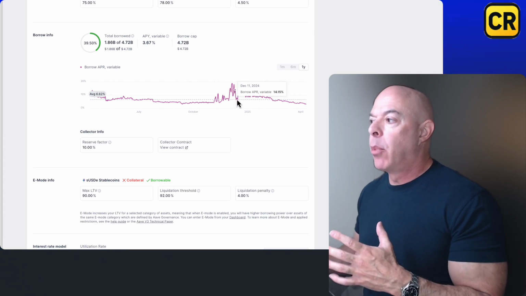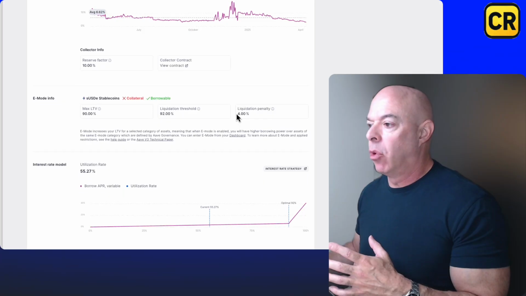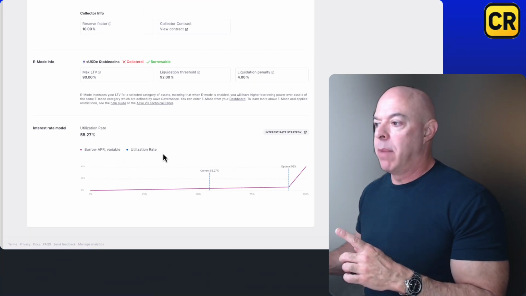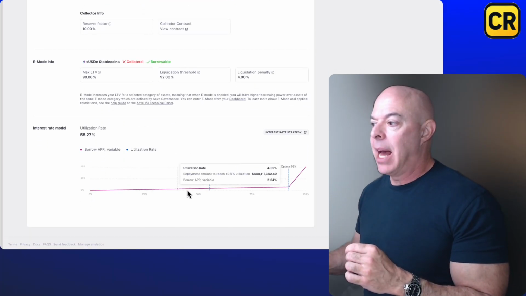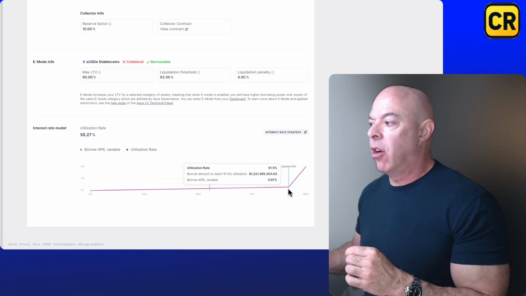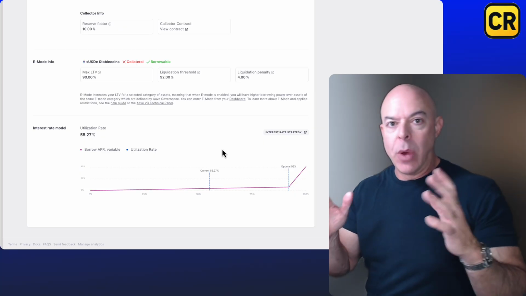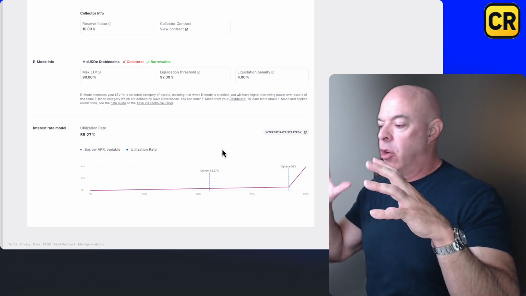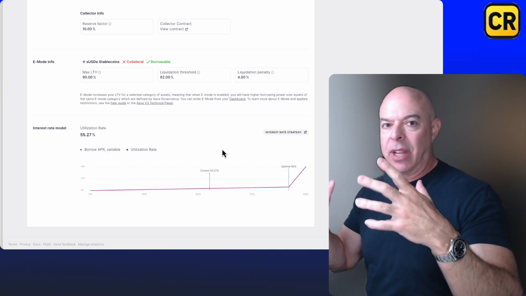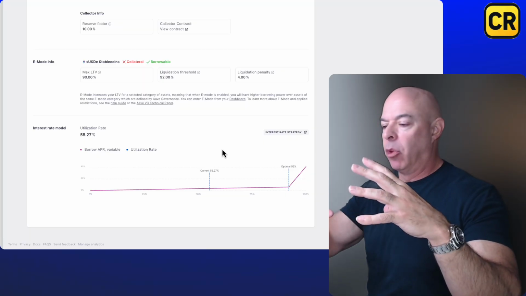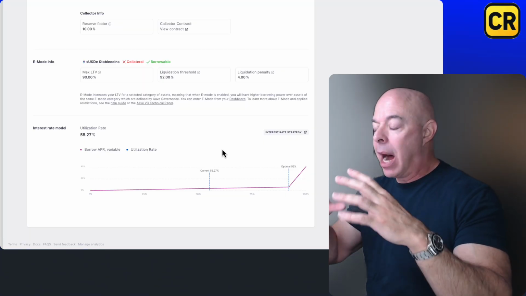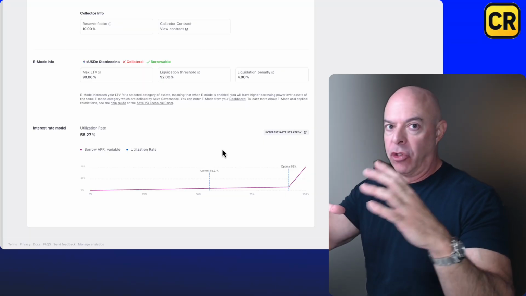Now, why would it spike during that time? Well, if we scroll down here, you see their interest rate model. When you're along this flat curve, the interest rate stays fairly low, and then it starts to rocket if you get to this end here. Why? Well, you have people supplying money, and or assets, let's just say, in this case, dollars, and then people taking loans in dollars. Well, obviously, you can't take more loans than they've supplied.